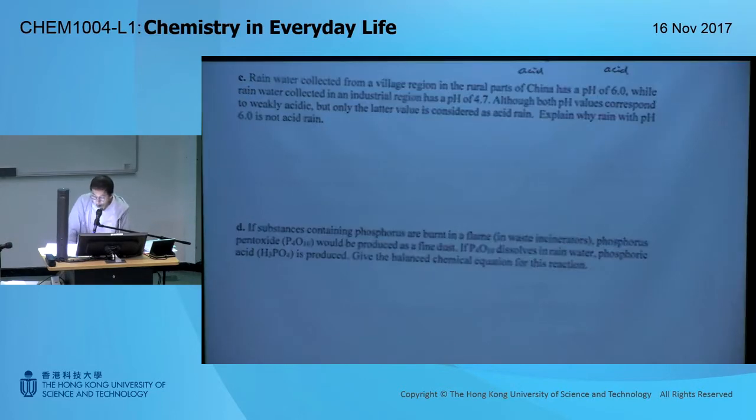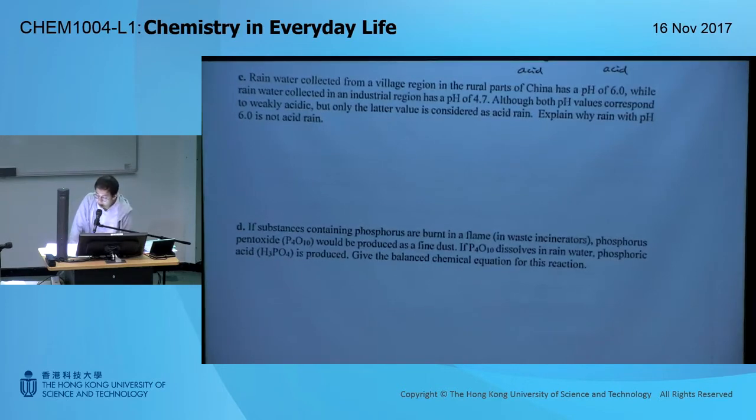Okay, so rainwater collected from a village region of the rural parts of China has a pH of 6.0, while rainwater collected in an industrial region has a pH of 4.7. So although both pH values correspond to weakly acidic, only this 4.7 value is considered as acid rain. So explain why rainwater with pH 6.0 is not considered as acid rain.